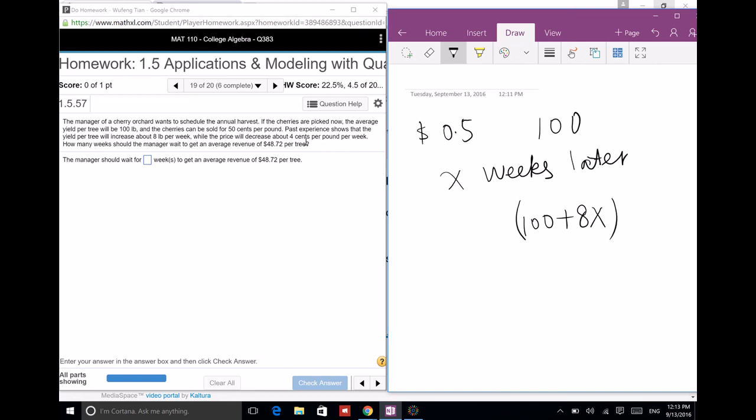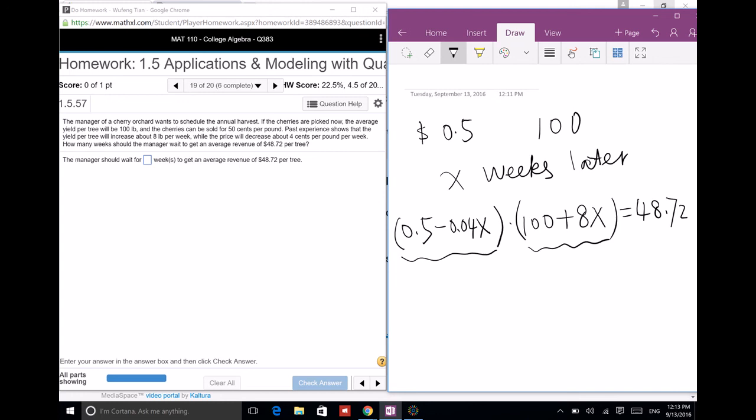It's going to be $0.5 minus 0.04 per week. We have X weeks, so this is the price after X weeks. This is the amount you can pick after X weeks, and then the total amount should be 48.72. Then solve this equation. You can FOIL it out, then solve it.